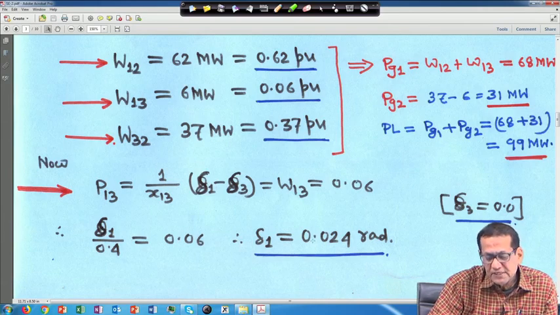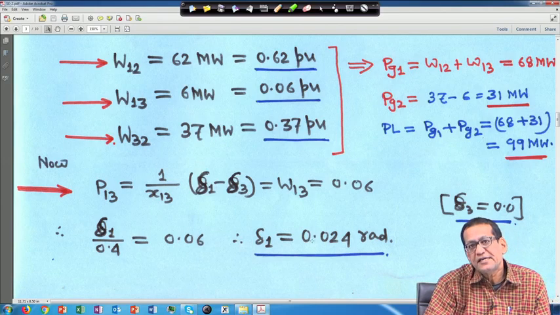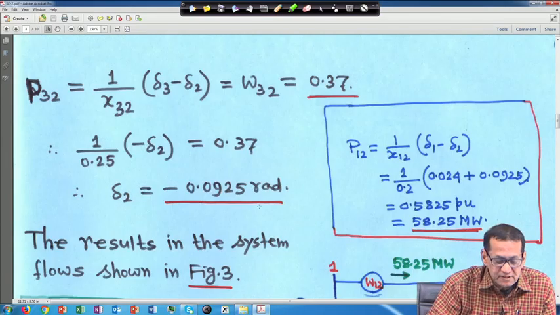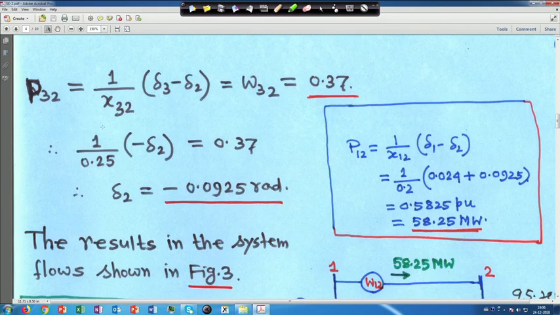Therefore, delta 1 will be 0.024 radian, right. Similarly, P32 will be 1 upon x32 times delta 3 minus delta 2. Delta 3 is 0, therefore 1 upon 0.25 times minus delta 2 is equal to 0.37. Therefore, delta 2 is minus 0.0925 radian.